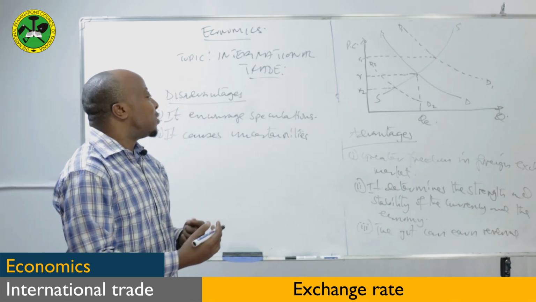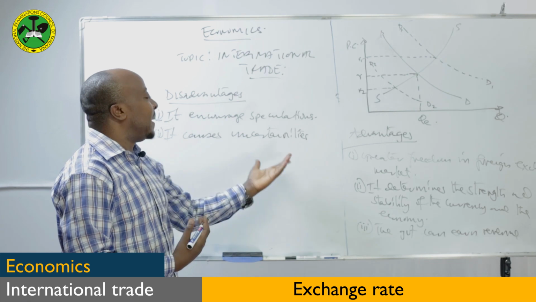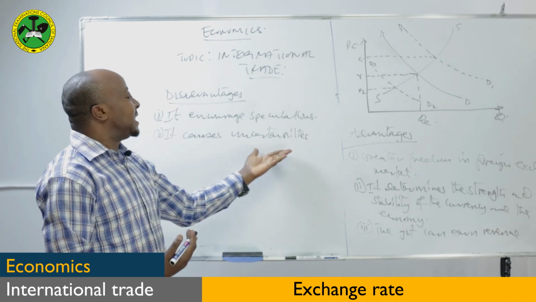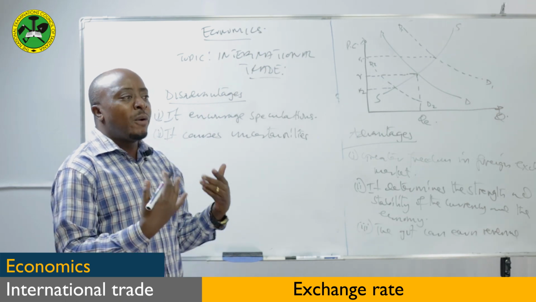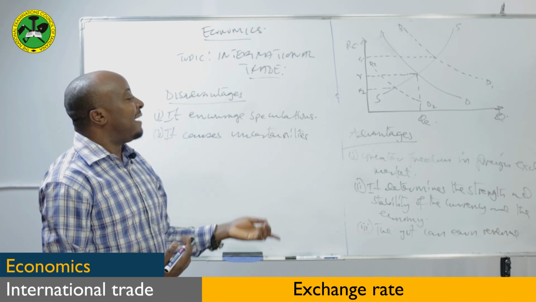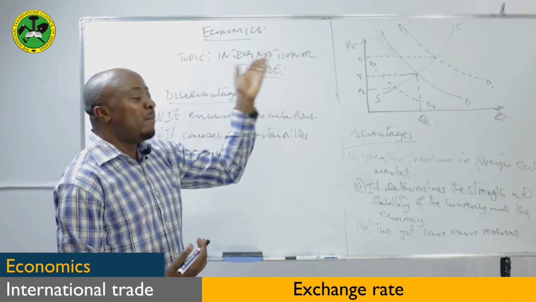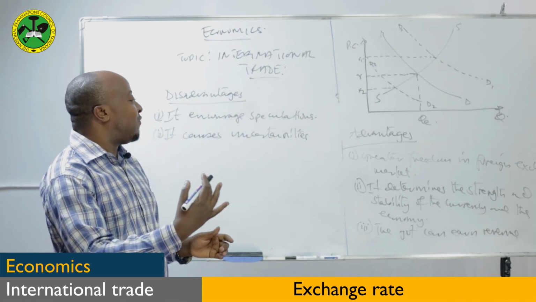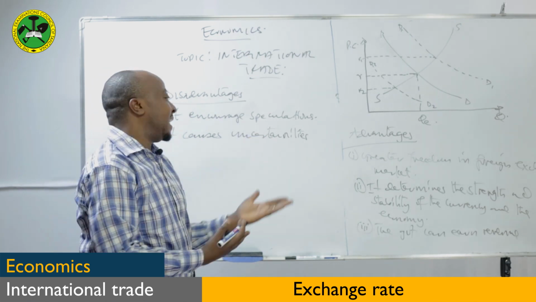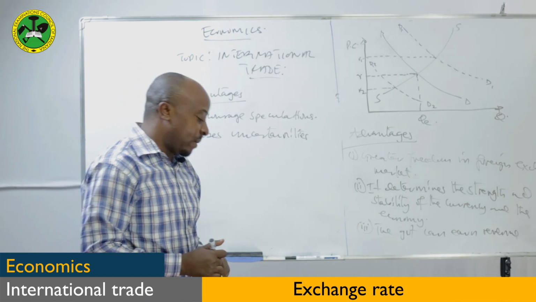They are not stable, so it is very difficult to make predictions of what will be happening in the future. Those are uncertainties, because we are not sure after how many hours the rate is going to change, after how many days it's going to change, by how much or by how far. So this form of exchange rate can cause uncertainties in the economy.